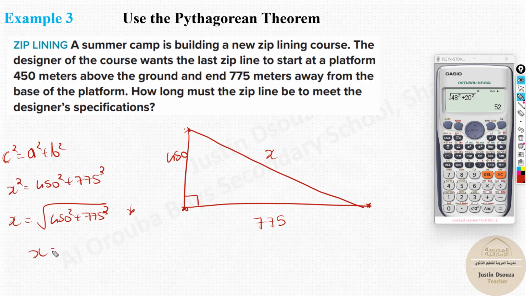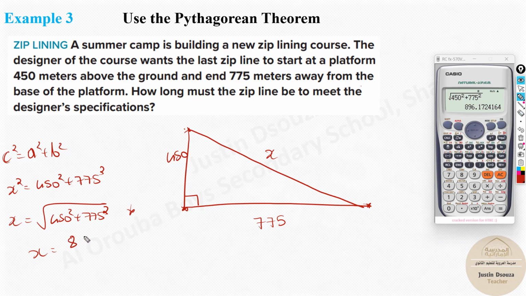The answer can directly be found in the calculator. That is 775, and over here we have 450. That's it. The answer is 896.17. Did they tell us to round off anything? I think not.